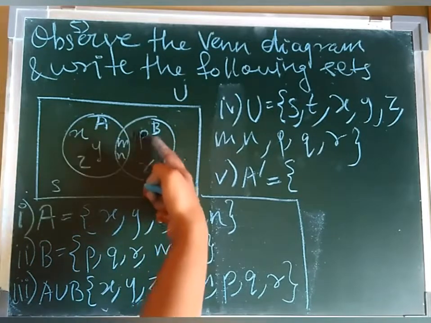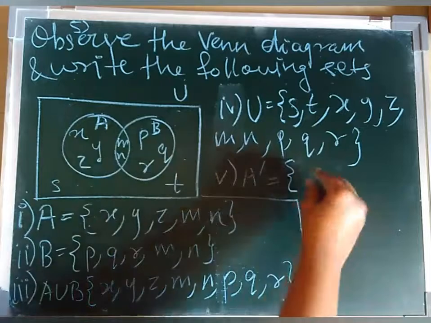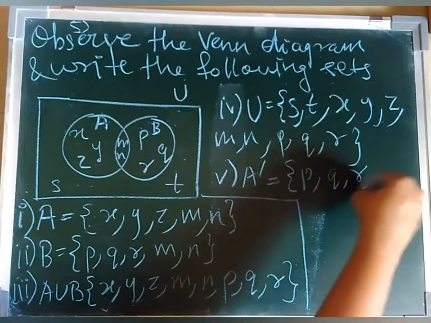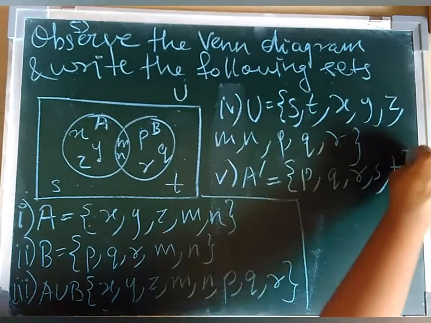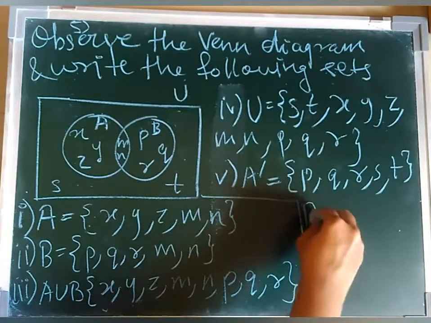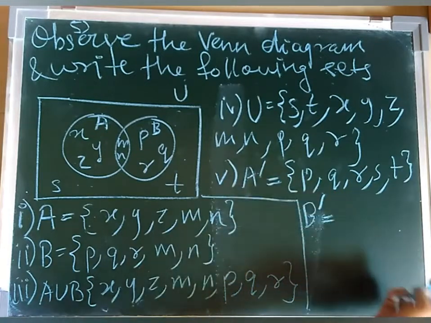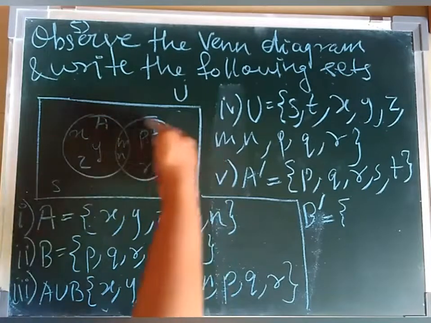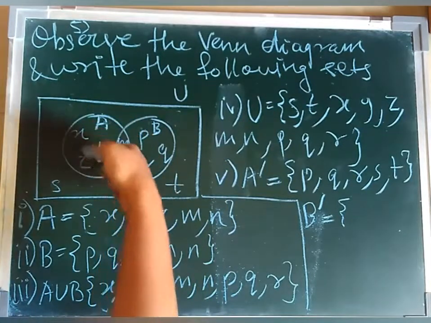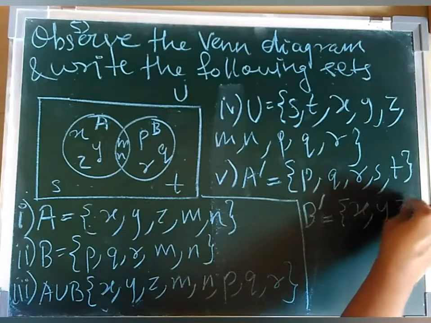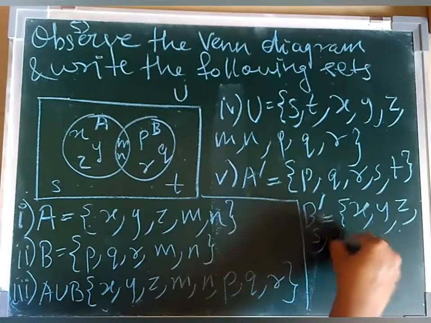So this P, Q, R, S and T. And sixth sub question is like A complement, I have to find B complement. So all the elements outside this circle. So X, Y, Z, S and T.